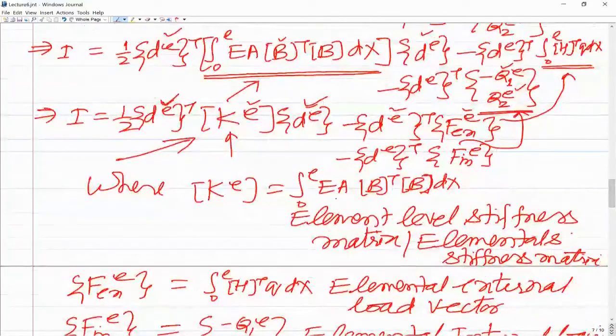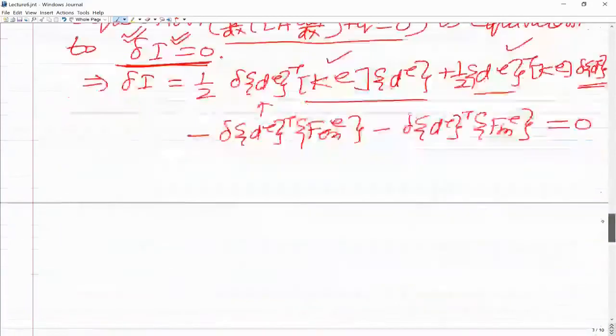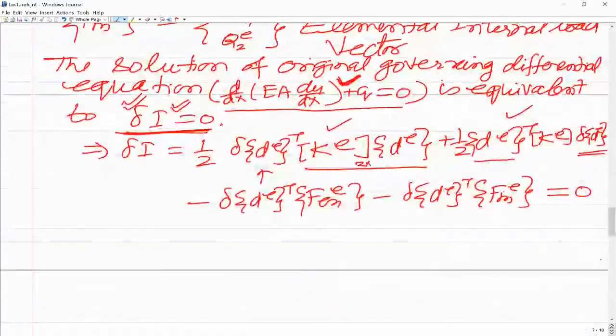E is a scalar, Young's modulus into cross-sectional area, that is constant. B we have seen is 1 by 2, that is one row and two columns. So B transpose will become 2 by 1. When you multiply this 2 by 1 with the 1 by 2 matrix, you will get a 2 by 2 matrix. So this K is a 2 by 2 matrix.